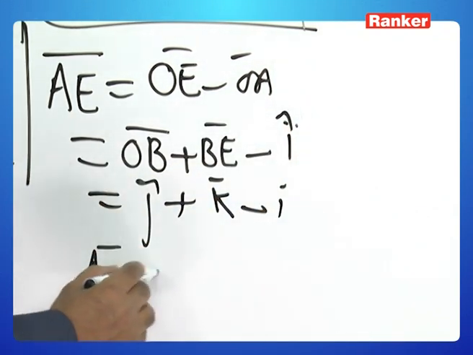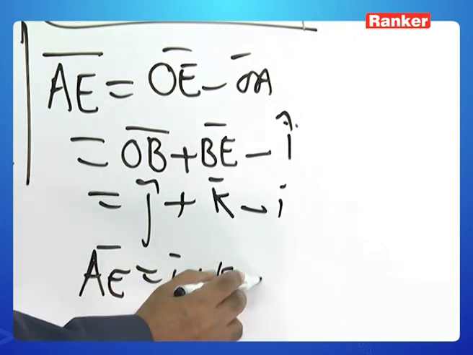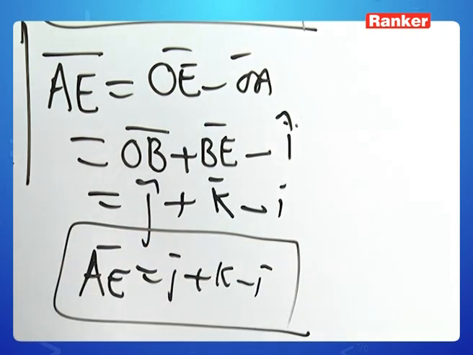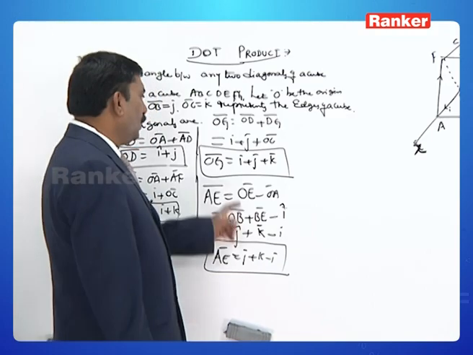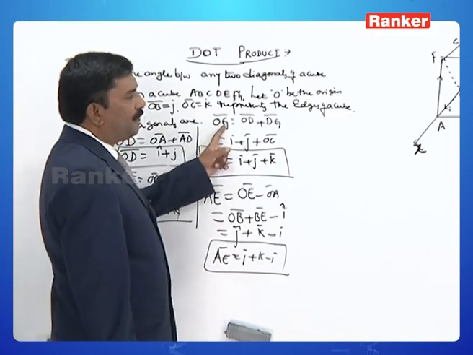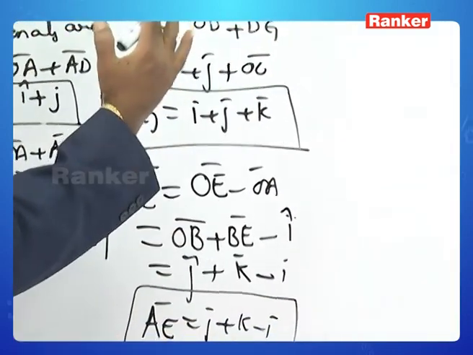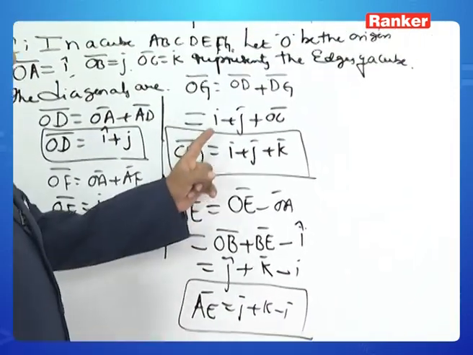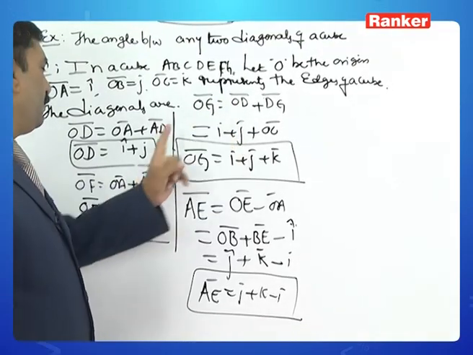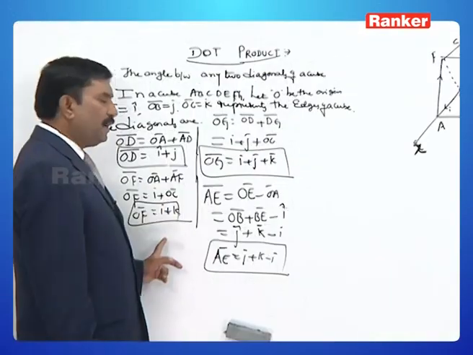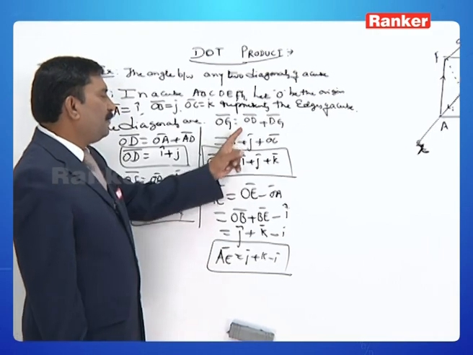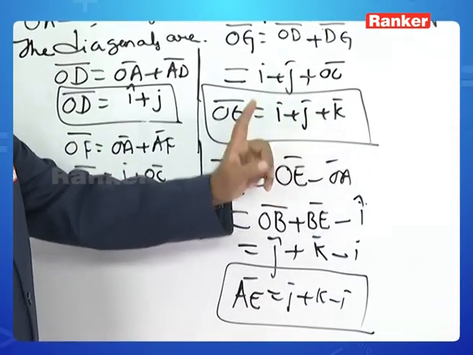AE bar is equal to J plus K minus I. Once again, OC bar by using vector addition is OD bar plus DC bar. DC bar is parallel to OC bar. Therefore, OD bar is nothing but I plus J. OC bar is nothing but K.